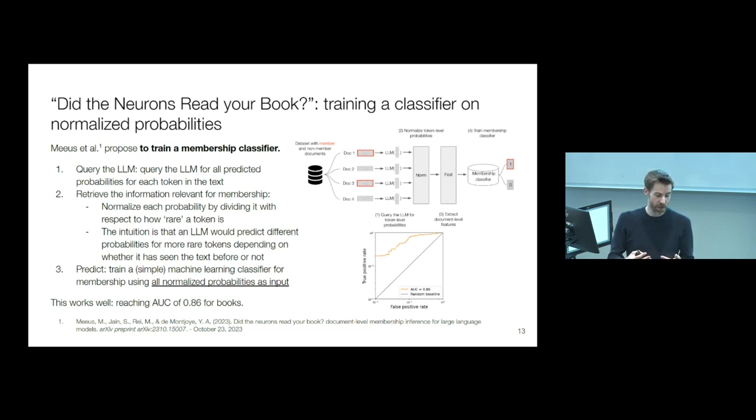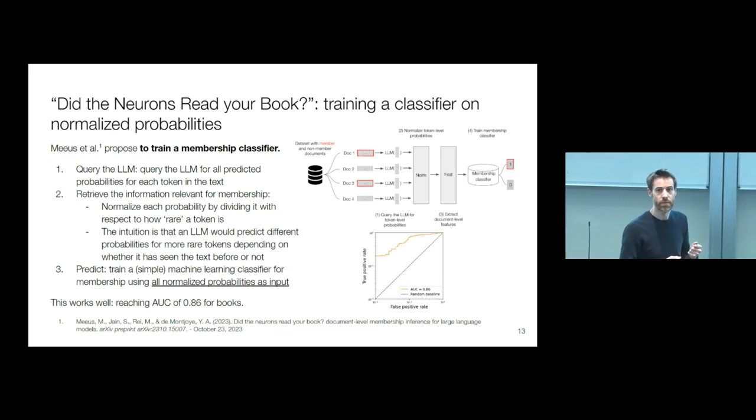To train it, we went back to the day the model was released. I take text that I know pretty much for sure was seen during training, typically Common Crawl. Then I take text as close as possible to it, released right after the model was released, which by definition, chronologically, the model could not have seen during training. And I train a model to see the difference between the two.